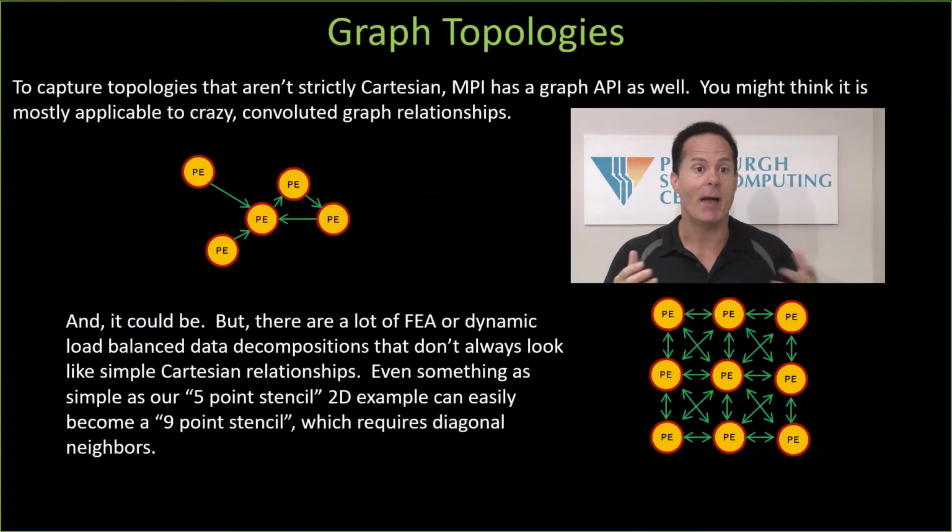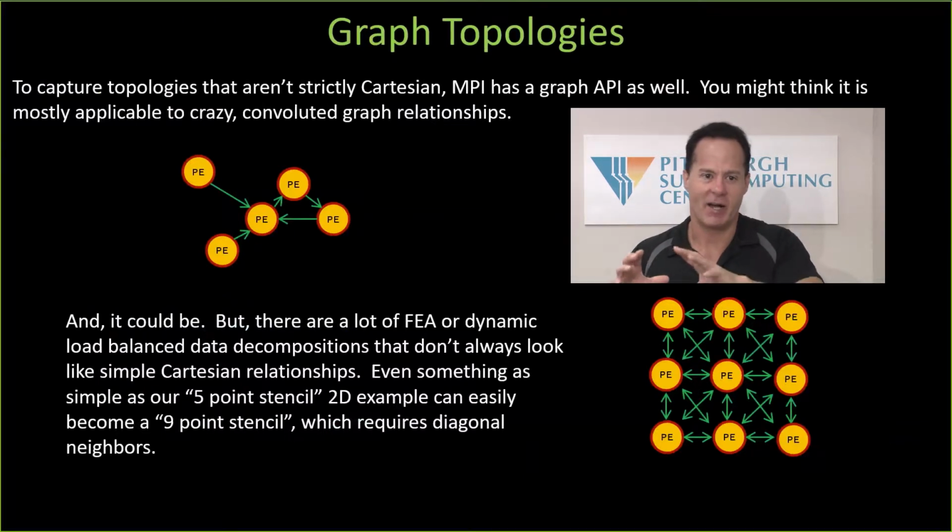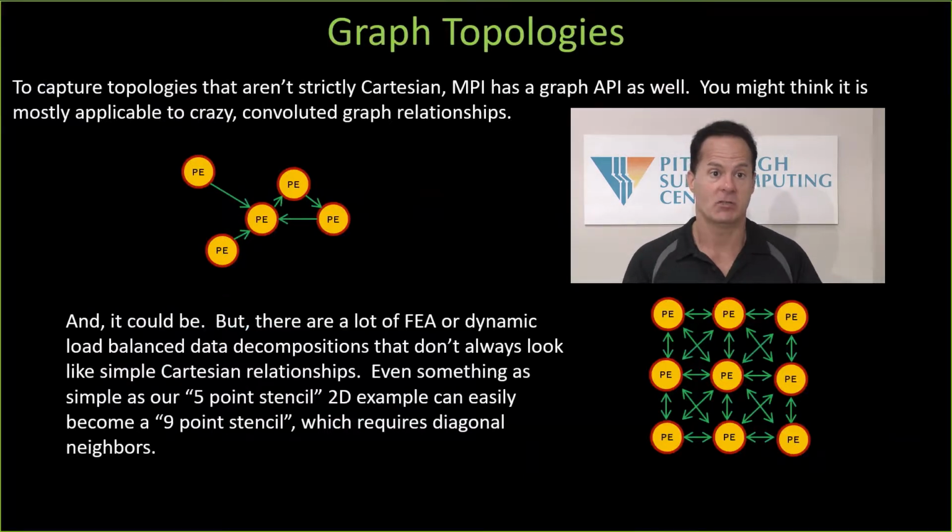So a dynamic adaptive mesh like that would require, every so many time steps, maybe every time step, very often you try to keep the number of rearrangements minimal because that rearrangement is expensive. But every so often you create a new mesh and a new grid and a new arrangement of neighbors. So that question is not rooted in some exotic case that you're never going to come across. It does happen in dynamic meshing cases that you recreate your domain decomposition on the fly as the problem evolves.